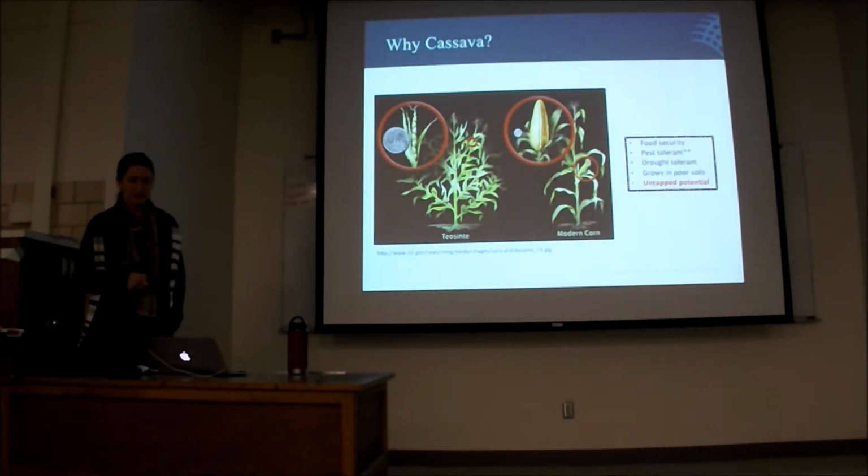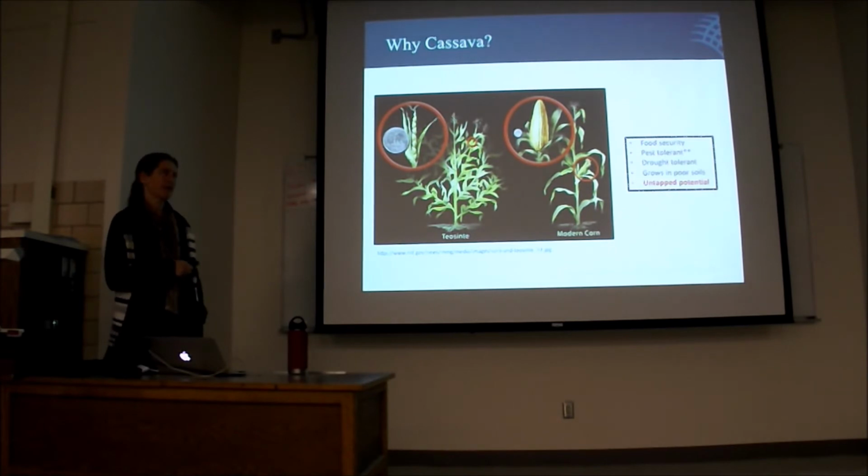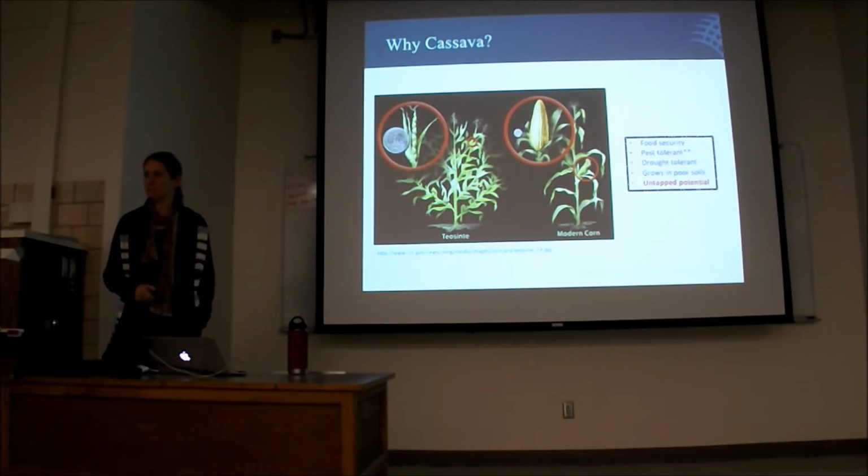I also like to, before I get into the research I'm doing, point out that most of our modern day crops, for example corn, that I realize a lot of you know about, this represents from teosinte to modern day corn about 10,000 years of pretty intense domestication, right?